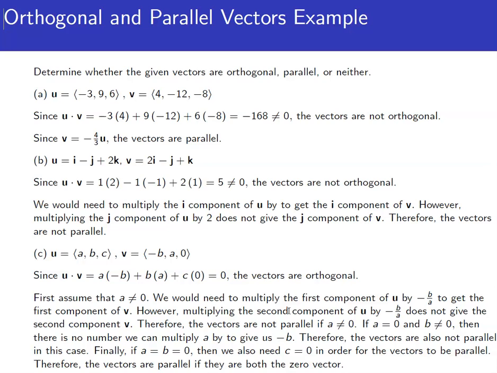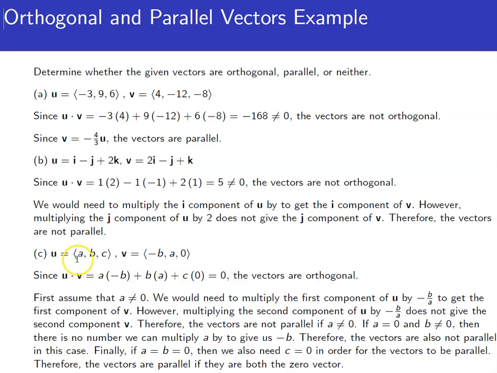Let's see if they're also parallel. Now, it may not seem to make sense, but technically, if they're the same vector, they can be parallel to each other. A vector is parallel to itself. And that's actually what we would get to in this case. All right, so to run through this to see whether or not they can possibly be parallel as well, let's suppose we have a non-zero component here for a, for this first component.